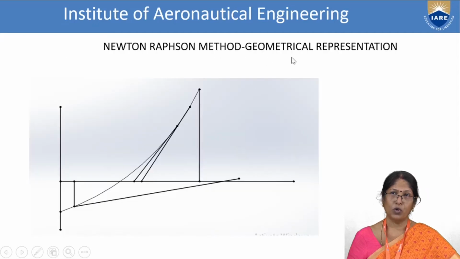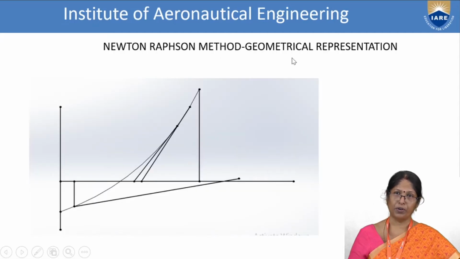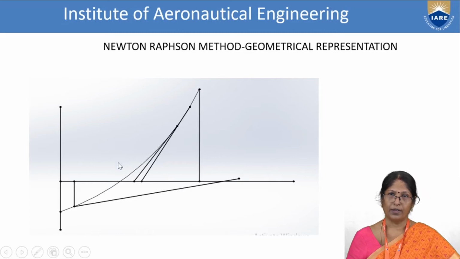Now this is the geometrical representation of Newton-Raphson method. This is the x-axis and y-axis, the two-dimensional graph you can see here. X and y are placed, x-axis and y-axis, and y equal to f of x.